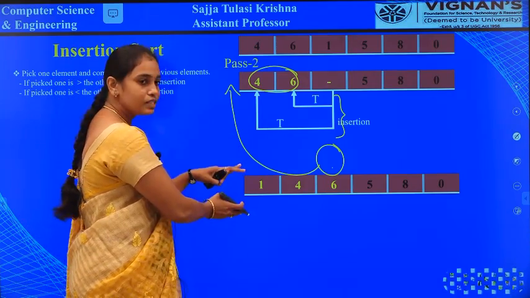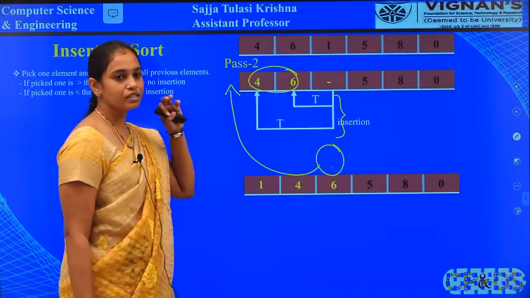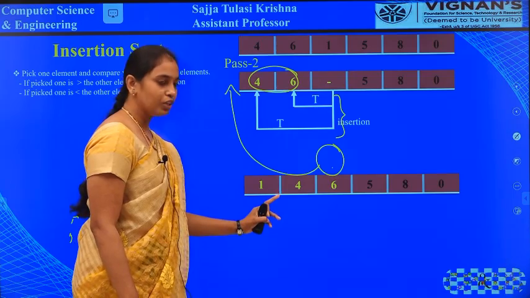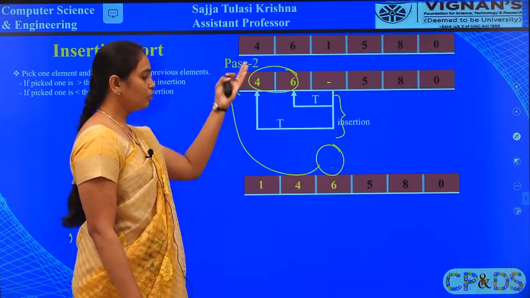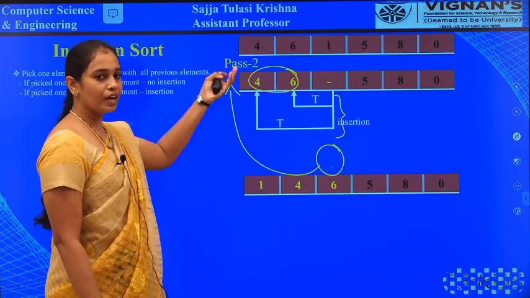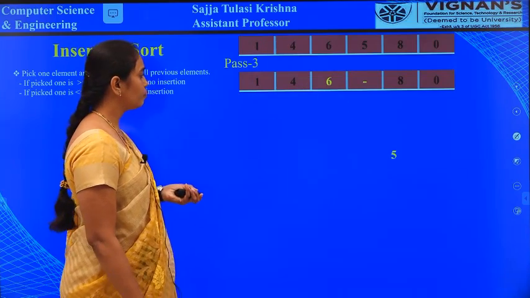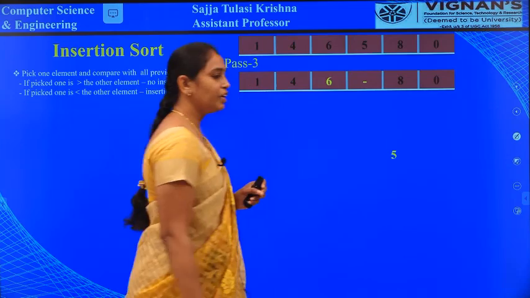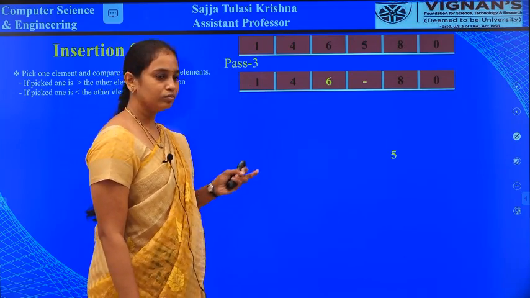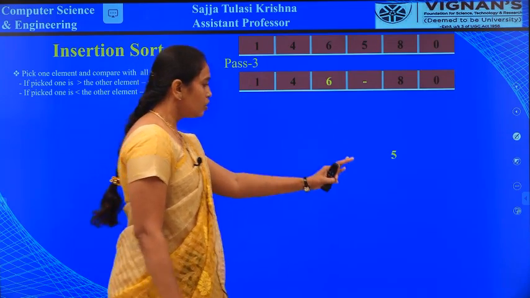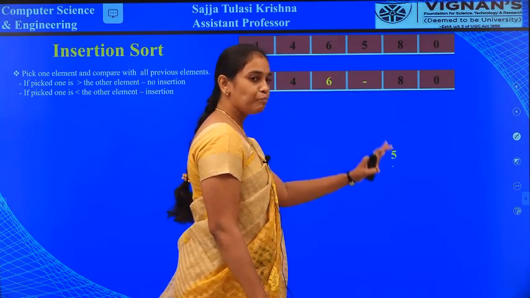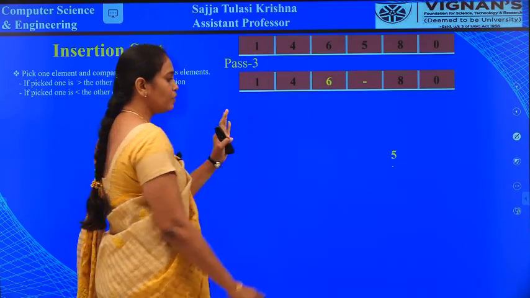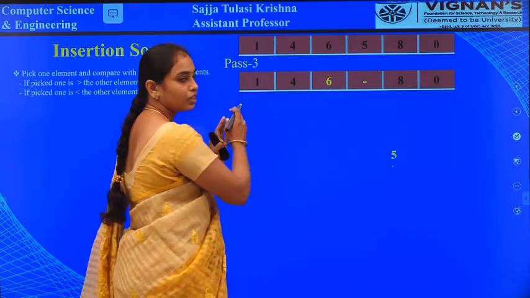This is the second pass output, and it is the input for the third pass. In the third pass, the next element is taken as the picked element. It is compared with the previous elements, these three.